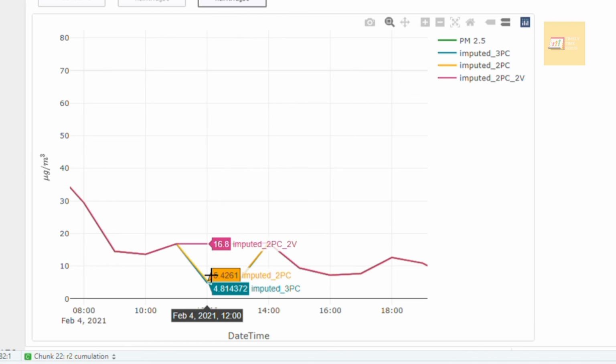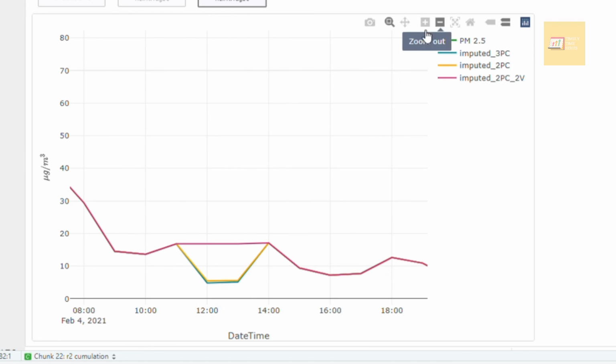At 12 p.m., the imputations by 2 and 3 principal components show us really similar values, 5 and 4. But for the imputation by 2 variables only, we have 16.8. We cannot say that this is worse actually, but my point is that 16.8 is not the mean.